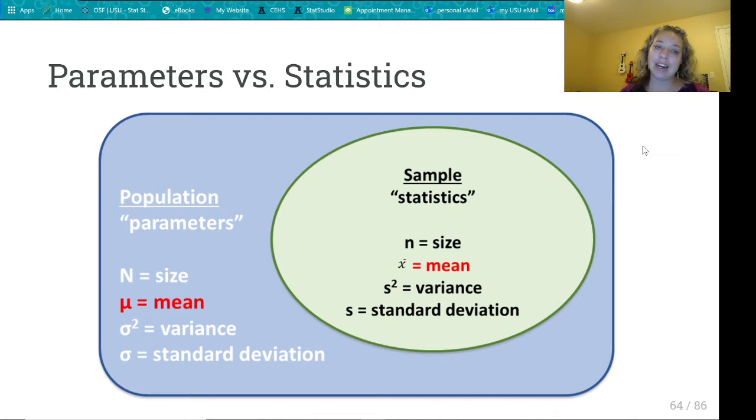So the Greek letters are indicating that those quantities are calculated from the entire population, which we usually don't know, but that's what we want to know about. The sample values that we calculate, we usually don't use Greek letters. We use regular alphabet letters. So the X with the bar on it, the S squared, and the S.